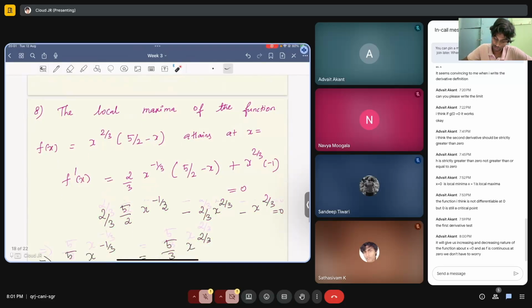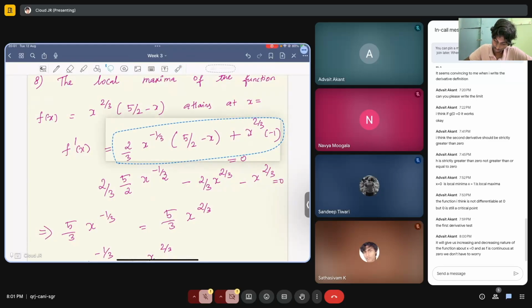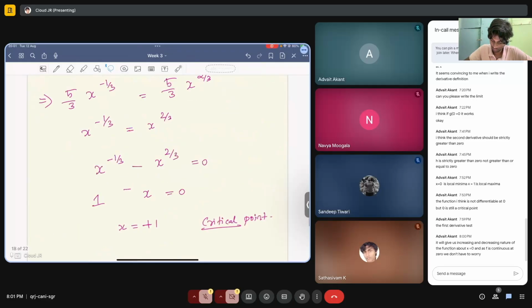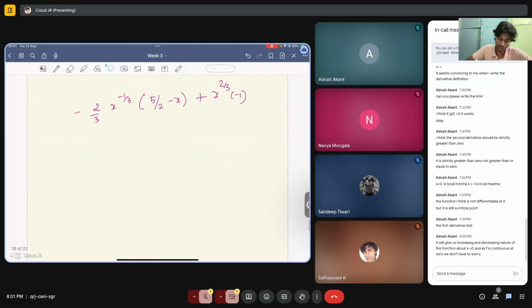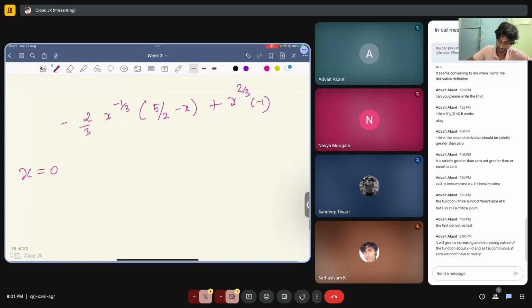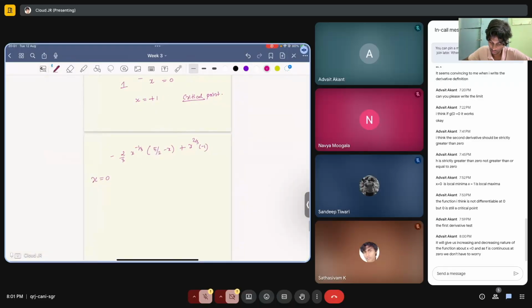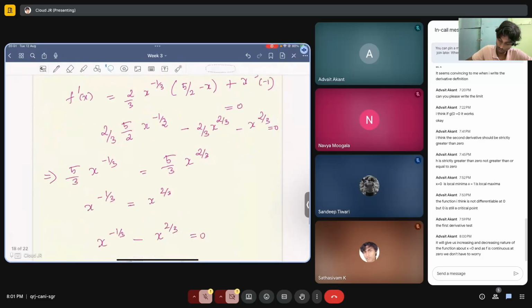So here is your first derivative, right? So let's look at the point x equal to 0, and let's try to apply the first derivative test here. Yeah, I will take this one instead.